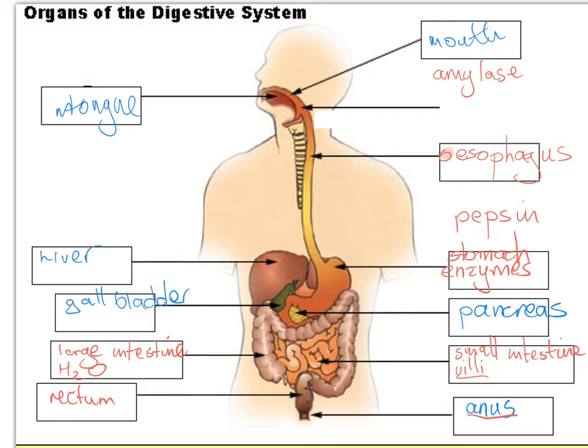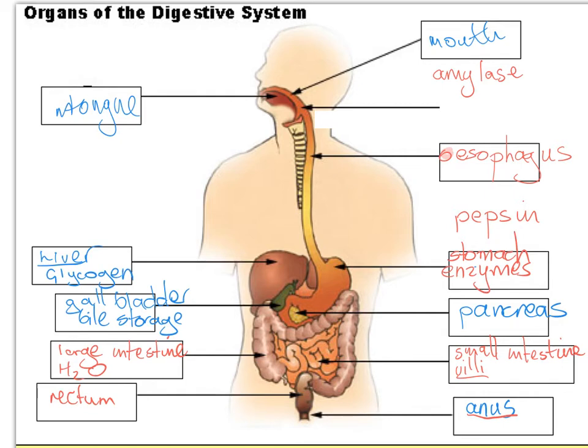So you've got associated with the digestive system your liver, and the liver produces bile, and that bile is passed to the gallbladder where it's stored. So bile storage here. The liver, though, stores glycogen, if you remember your glucose balance. So glycogen's stored there.